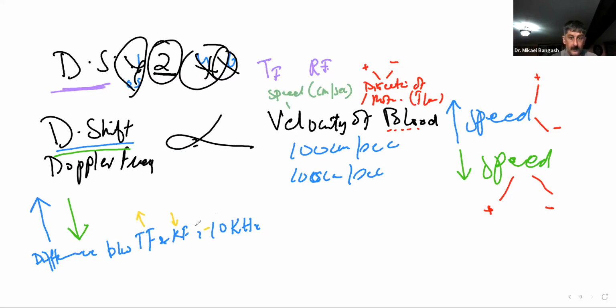One being greater and the other lesser would make it a negative Doppler shift. Or, if the other was lesser and the other greater, it will make it a positive Doppler shift.